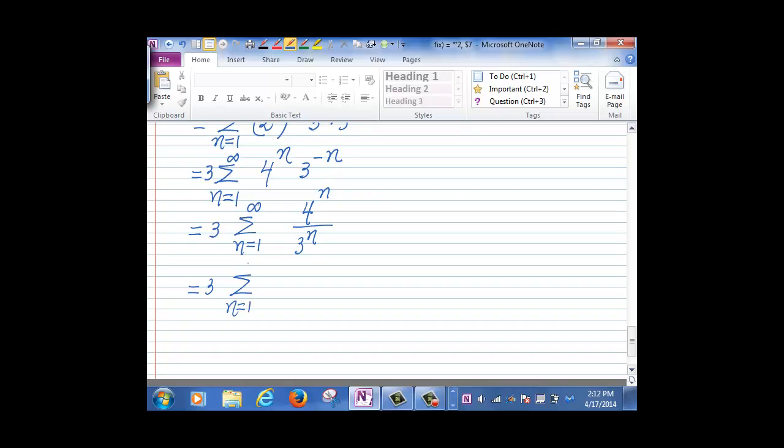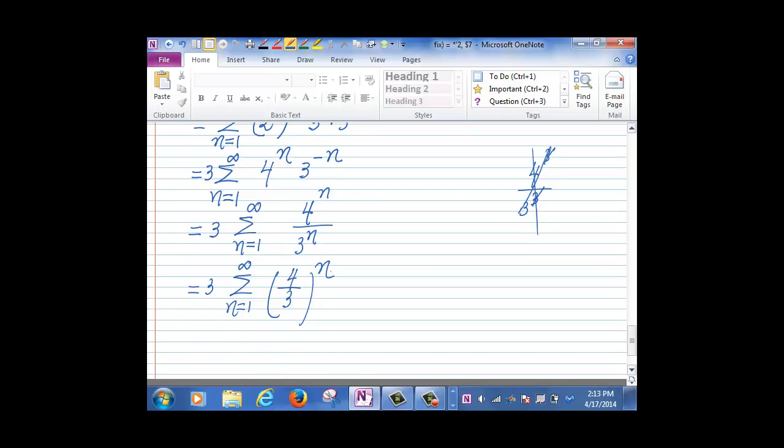Remember, that's not valid algebra. But what you're saying is that if I have, say, 4 cubed divided by 3 cubed, you're asking, can I cancel these 3's? The answer is no, so this cannot be done. What we could do here is write 4/3 to the n.